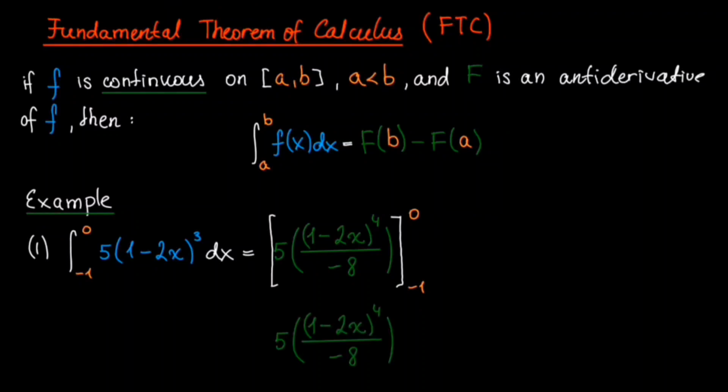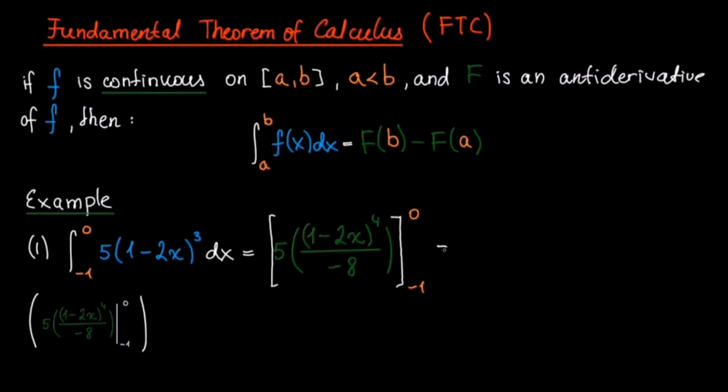Now, one thing I'd like to note is that there may be different notation used. Some people might use the square brackets and put the bounds on the right-hand side. Others might just write a straight line on the right-hand side and then put the values from -1 to 0 on the right-hand side of this vertical line. Both these notations mean the same thing.